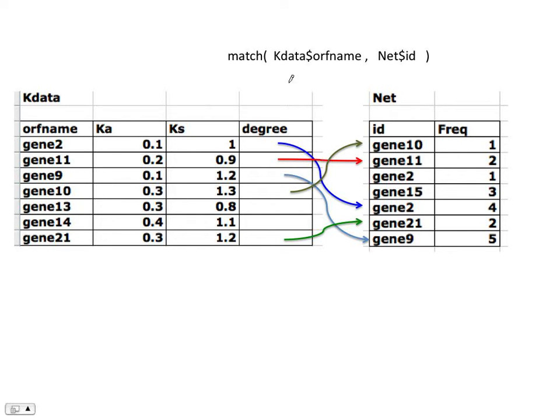You need to remember this matching is not symmetrical. It always matches the first one to the second one. So what we get is the matching position in the second spreadsheet, and then we ask which column we want to move to the first spreadsheet. We want to move the frequency one.